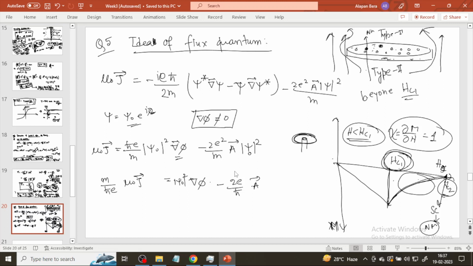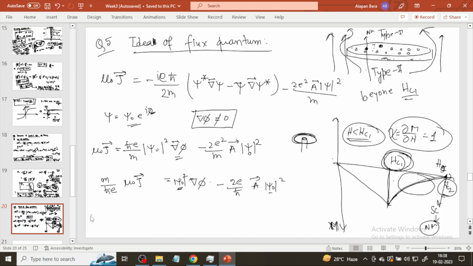So now what do we do? There will be psi naught square. Let's divide both sides by this psi naught square and then do the line integration.